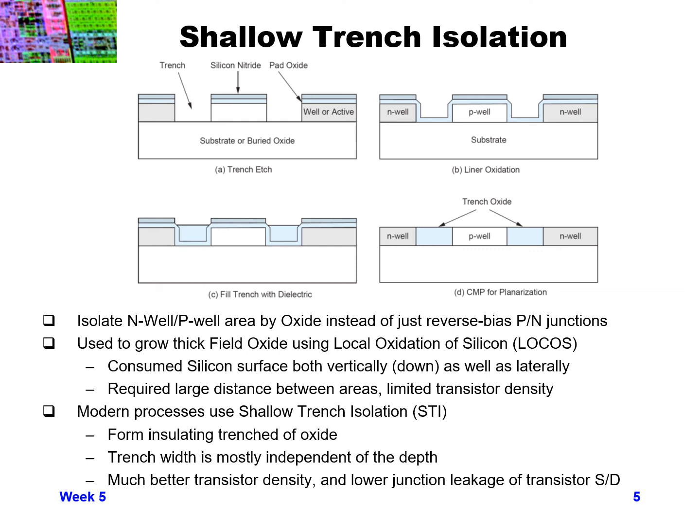So as I said, we don't want to just have PN junctions, reverse bias PN junctions, as our isolating layers because they have a lot higher leakage currents through reverse bias junctions. So instead of isolating our N-well and P-well areas by PN junctions, we'd rather do it by oxides. So shallow trench isolation is one way to do it.